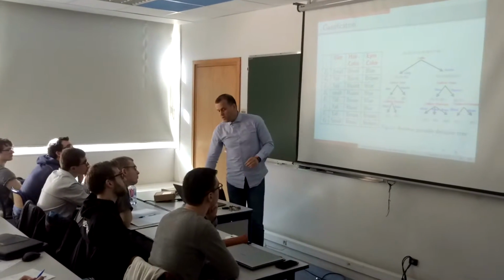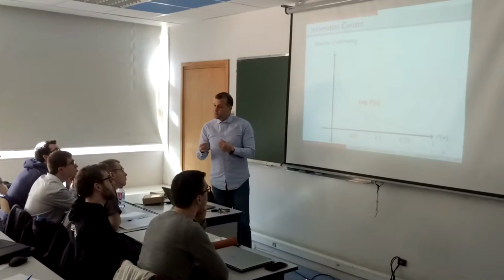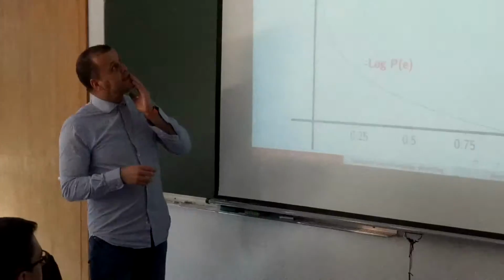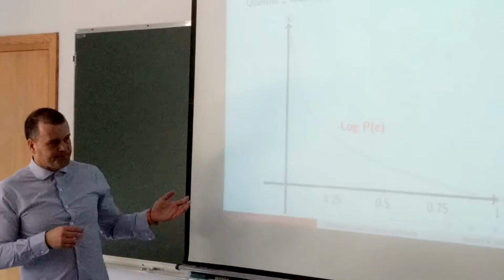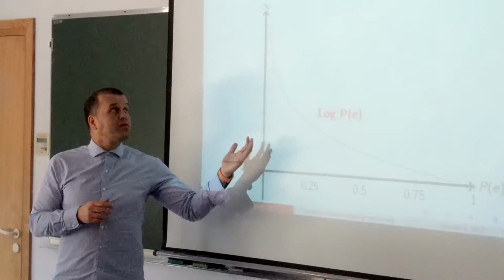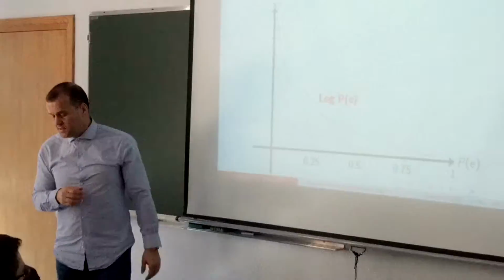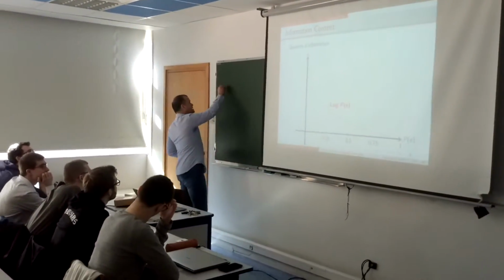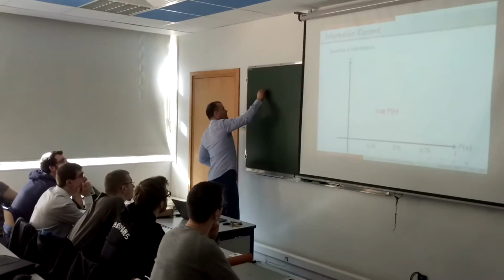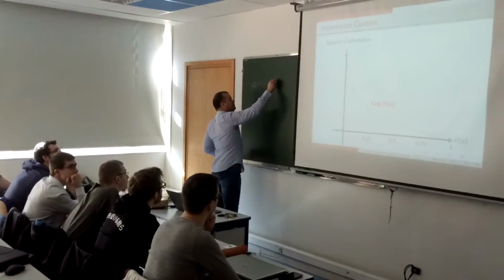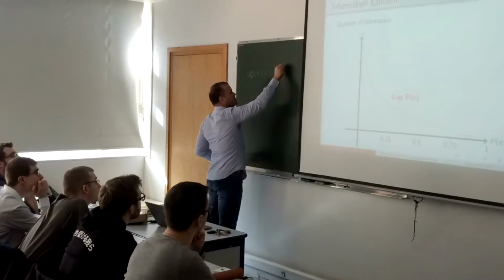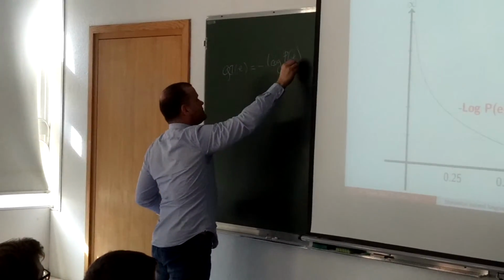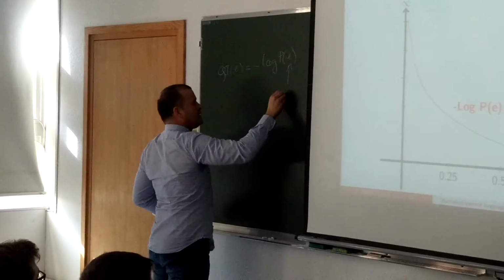So that is why we need to use some mathematical information such as the quantity of information. This quantity of information is given by the formula: quantity of information of E is equal to minus logarithm of the probability of the event E. This is an event.